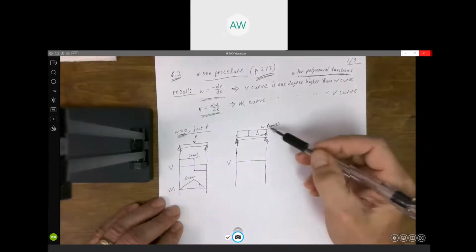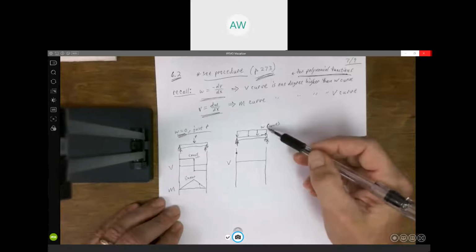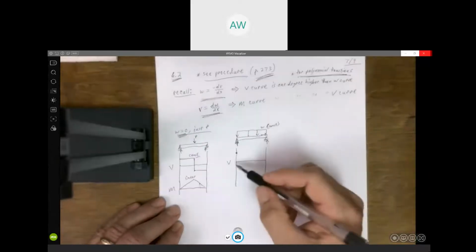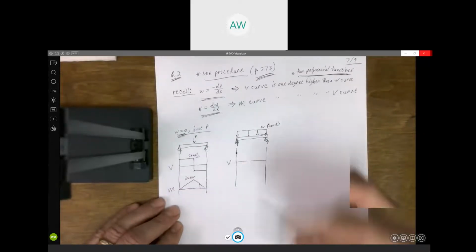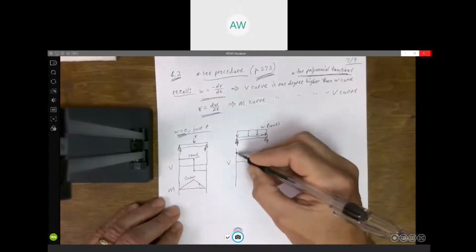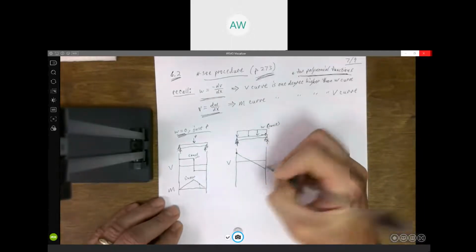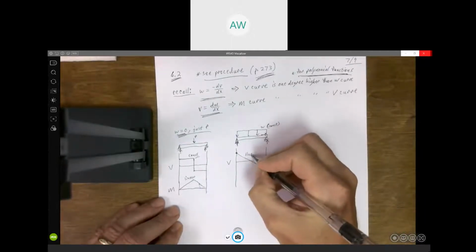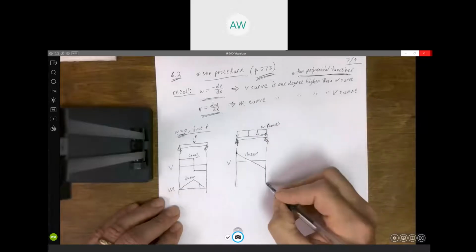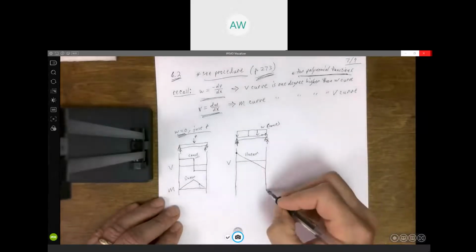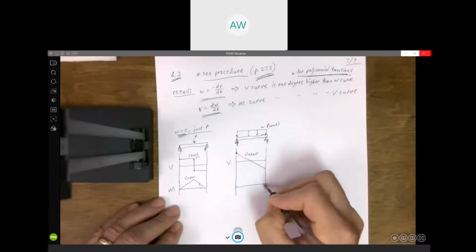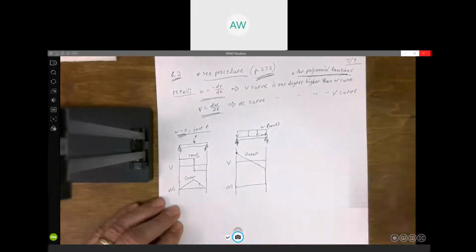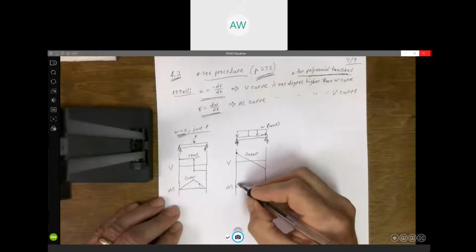But if the distributed load is constant, my shear force, one degree higher, is going to be linear. And so this again would be linear. And my moment diagram, one degree higher than linear, would be quadratic. So it's going to be a curve.